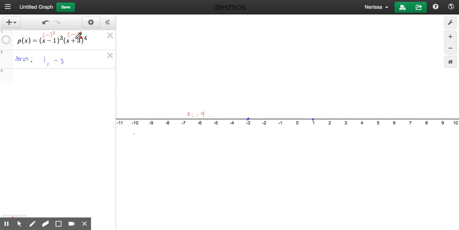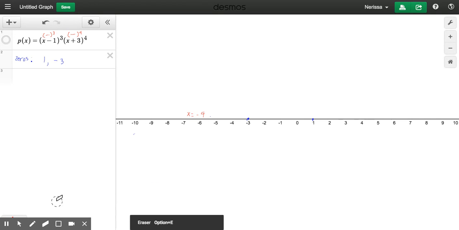If we multiply an even number of negatives, the result is positive, but if we multiply an odd number of negatives, the product is negative. So this is negative times positive, which gives us negative. So this is negative here.